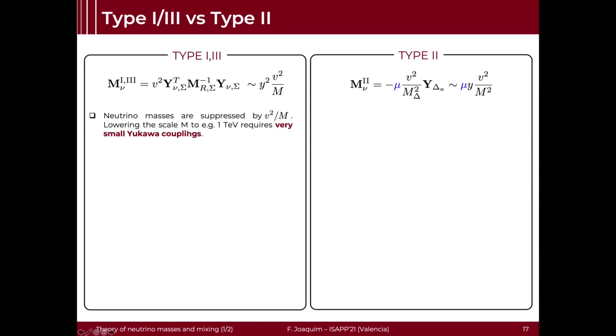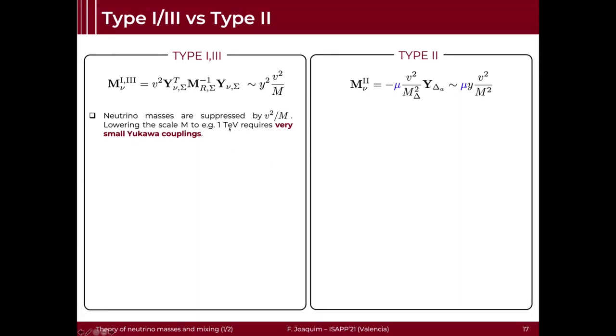So you see that if you want to lower the scale and you want to keep the effective light neutrino masses at a certain level, you will always have to go to smaller and smaller Yukawa couplings, okay?